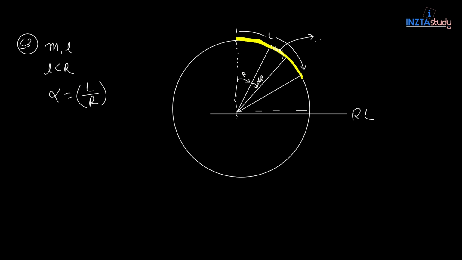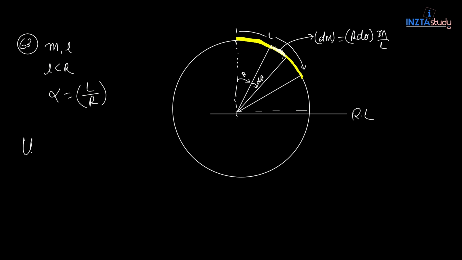Let this mass be dm. So dm is equal to length, and this length is r d theta, into the linear mass density. What is the linear mass density? M by L.